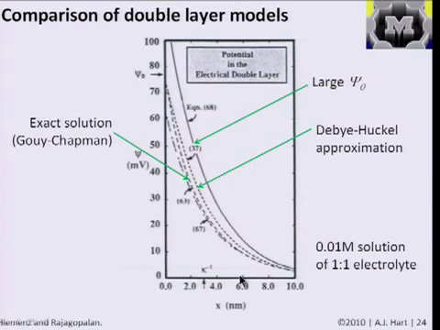It compares what we did, which is called the Debye-Huckel approximation, to a more involved exact solution called the Gouy-Chapman solution, for the case where you had a really large surface potential and couldn't make that assumption. These different solutions provide a bracketing for the worst case and the best case in terms of the amount of potential you would have at a certain place in solution. But you can see that the Debye approximation is a pretty good result, and there's not a lot of variation among these. This is the solution that we'll carry forward for all the calculations that we're going to do.